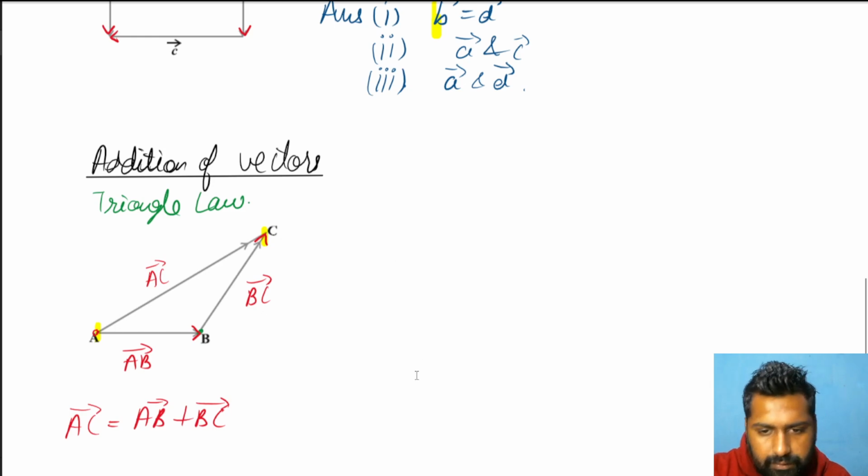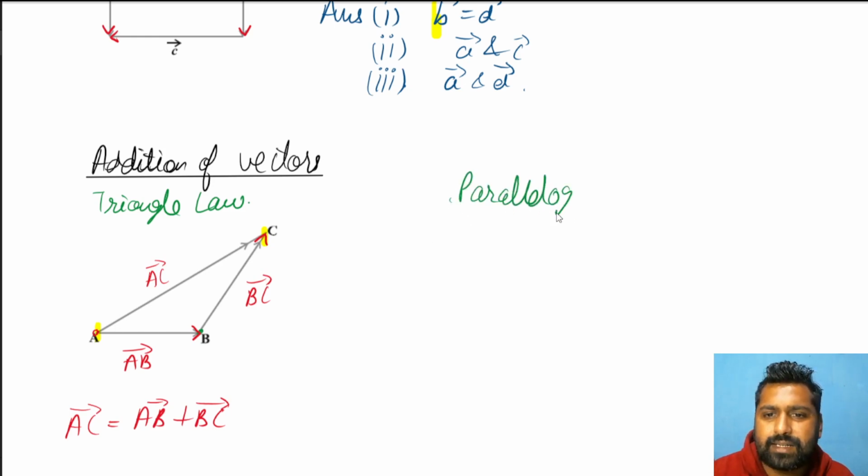This is the triangle law. Then you have a parallelogram law also. Both give the same result. It's just that this represents a triangle, and that one represents a parallelogram. So, parallelogram law.